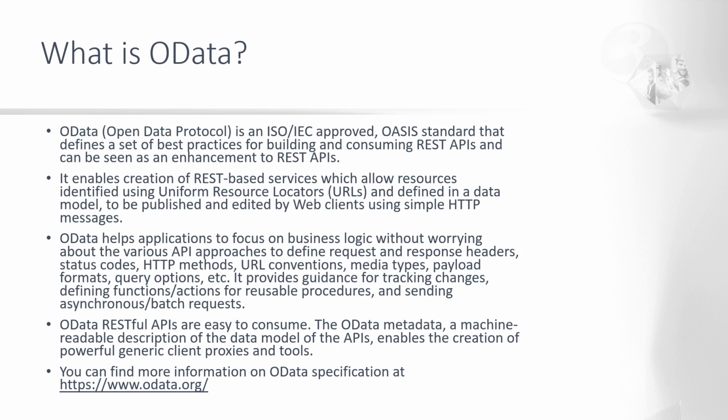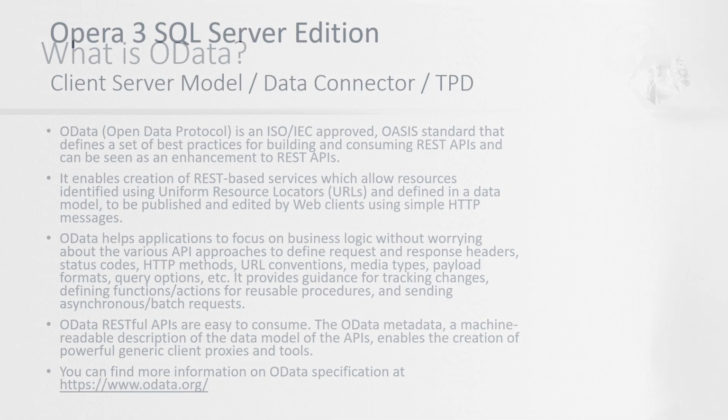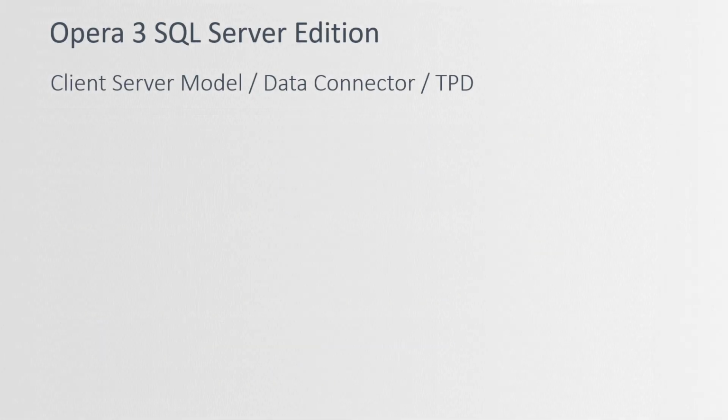Now, OData RESTful APIs are easy to consume. The OData metadata, a machine-readable description of the data model of the APIs, enables the creation of powerful generic client proxies and tools. You can find out more information on the OData specification at www.odata.org.